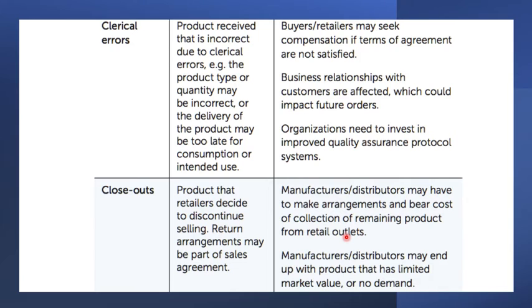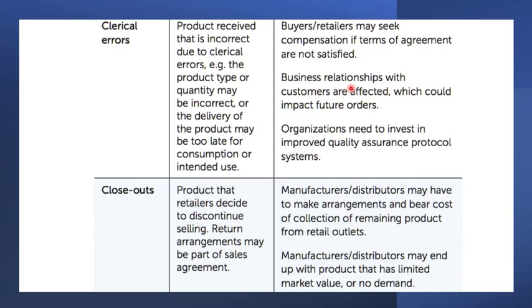So a written information problem or mistake is termed a clerical error, and in this case the buyer and retailer may seek compensation if the terms of the agreement are not satisfied. So if the goods were bought by someone, they need to be compensated, because it's not a problem from their side, it's from the manufacturing side.